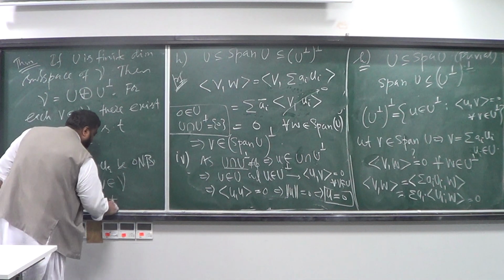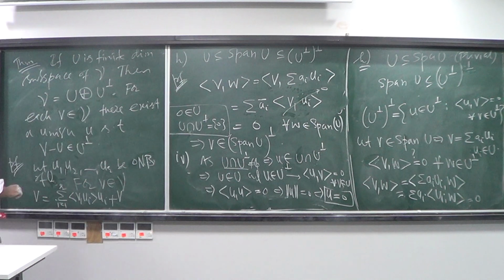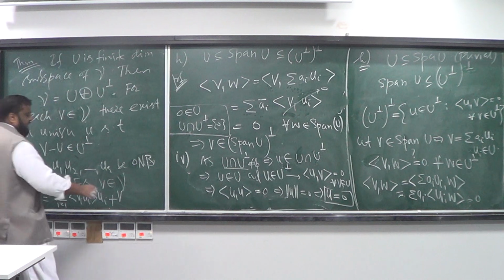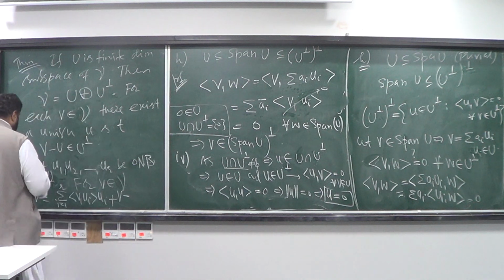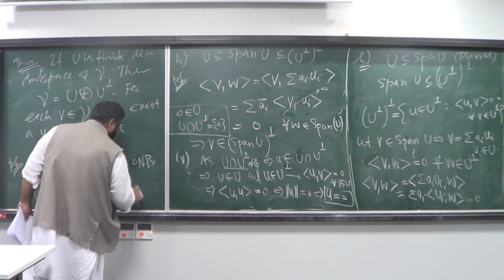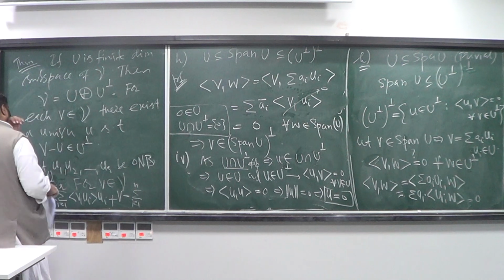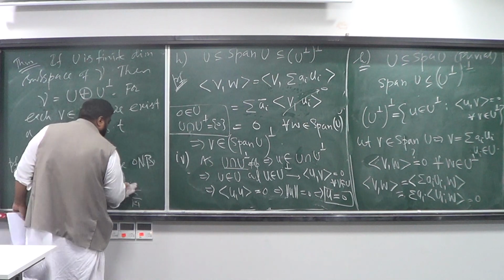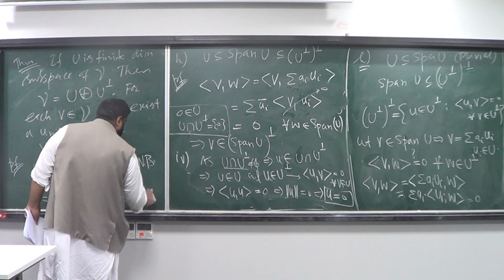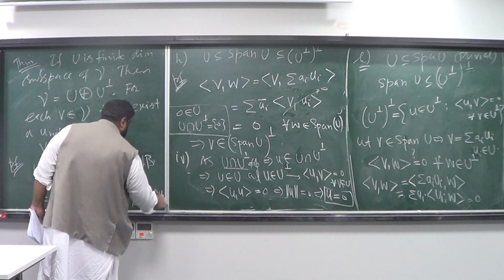Plus V, so take V, take this element in U and subtract the sum from i equals 1 to R of the inner product of V with Ui, times Ui.